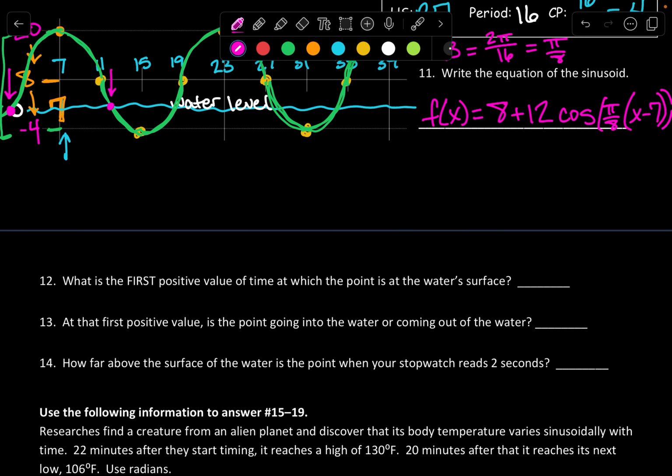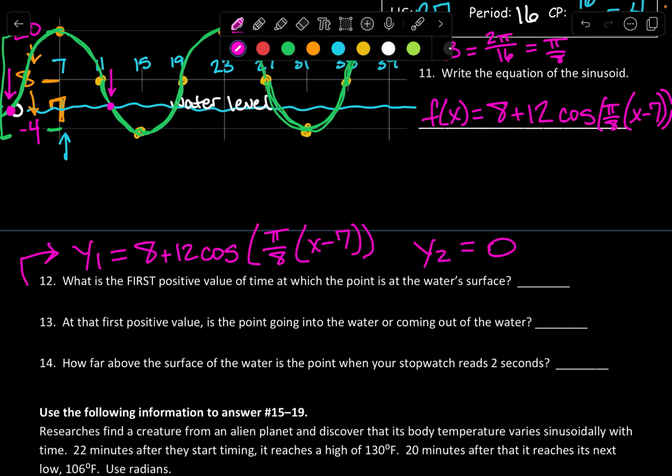So we would want to put y1 on your calculator. You would want to put our equation. And you would want to put y2 at 0. And then you would want to trace the first positive intersection.